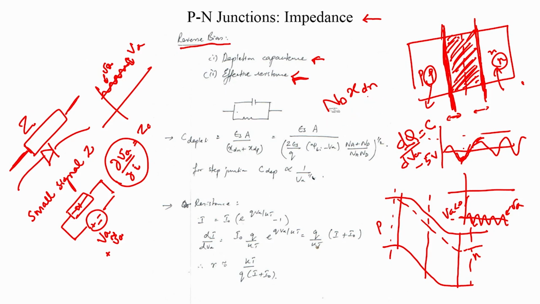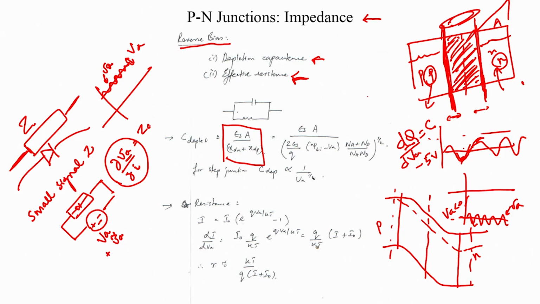The other method to calculate the capacitance is to simply think of it as a parallel plate capacitor in a very crude manner, because these two regions have got low resistance and this region here is depleted, and therefore if the junction has got an effective cross section area of A, my capacitance is simply epsilon A by xd, which is xdn plus xdp.